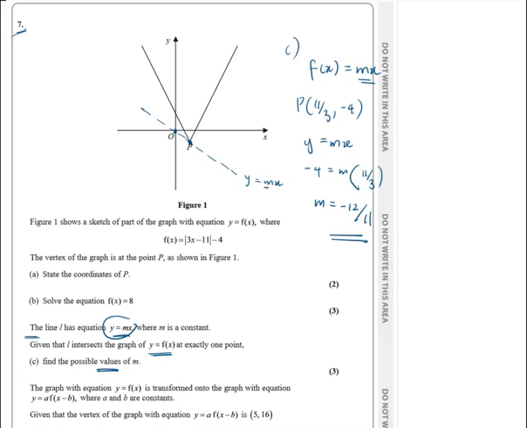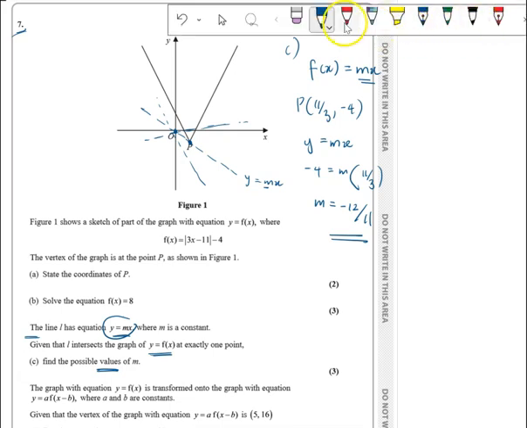So m can change, but the line is fixed at the origin. That means the line can pivot about the origin O, and go in any direction. Now, if you keep pivoting this line about the origin, this line is going to meet the graph at 2 points until it is parallel to this part of the graph.